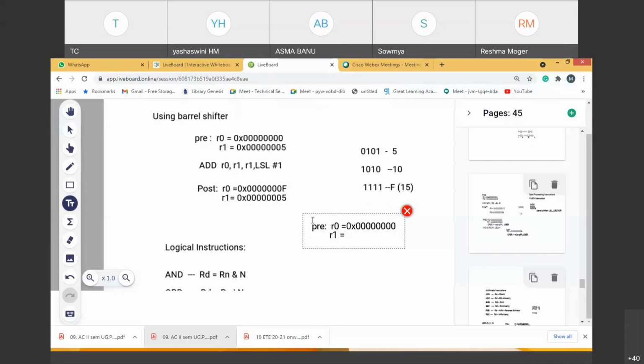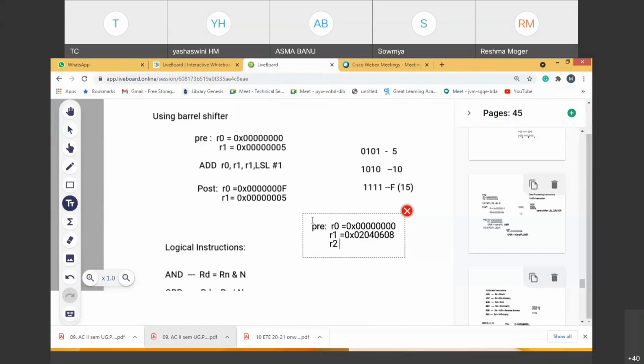So for example, 0x, what is the value? Now I'll take an easier value. Just to make it simpler, 02, 04, 06 and 08. Just to make it easier. I'll take R2 as one more register.